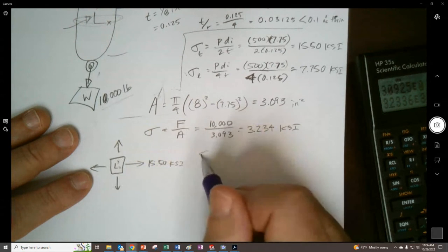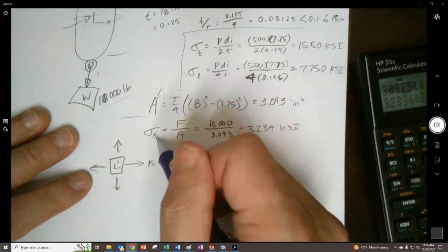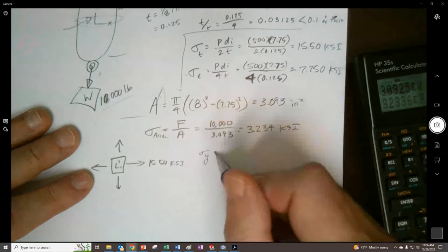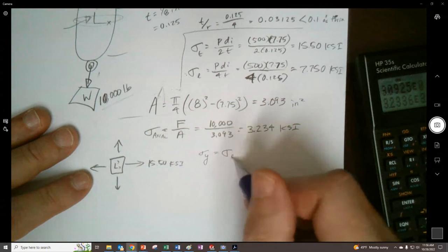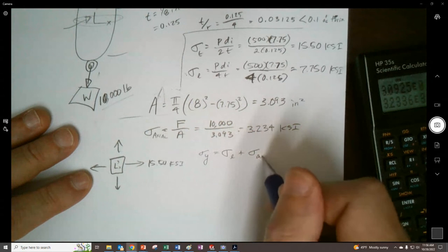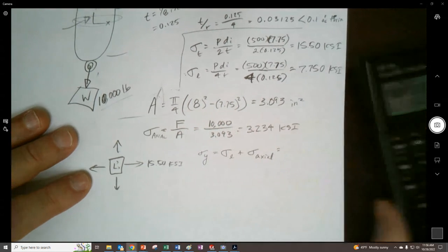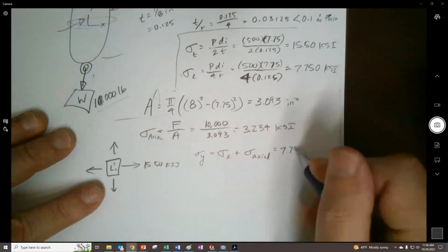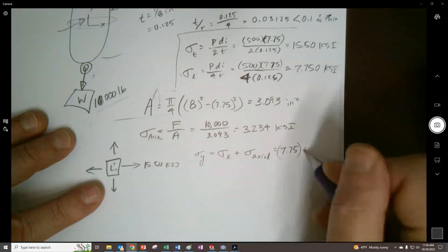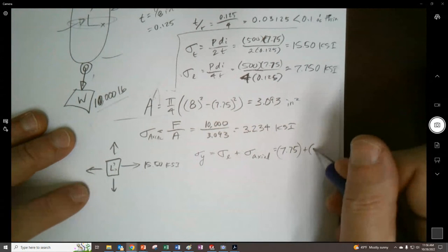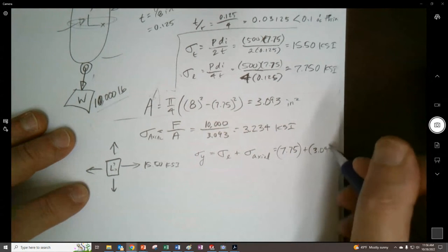And then the stress in the Y direction is going to be equal to the longitudinal plus the axial combined together, or 7.75, and they're both in tension, so they add together with 3.093.